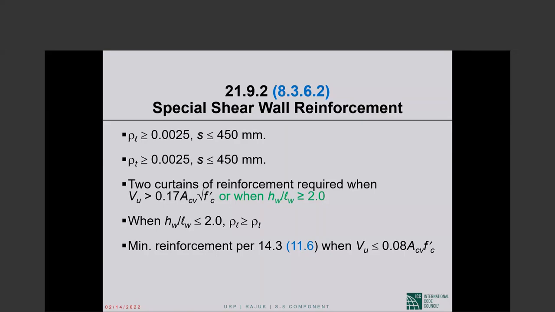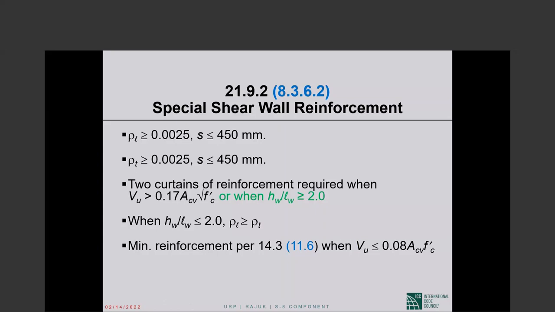Finally, if the shear is very low, lower than 1 square root of f sub c prime in our units, then the horizontal reinforcement is really not shear reinforcement. It is more like flexural, shrinkage and temperature reinforcement.